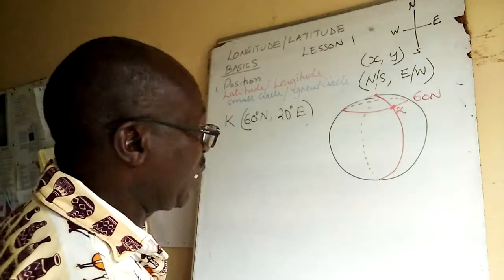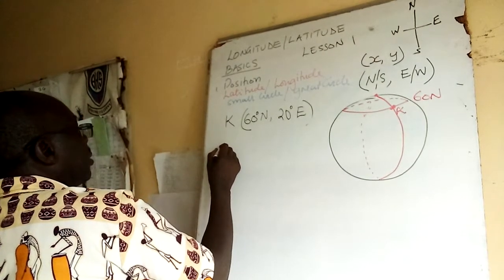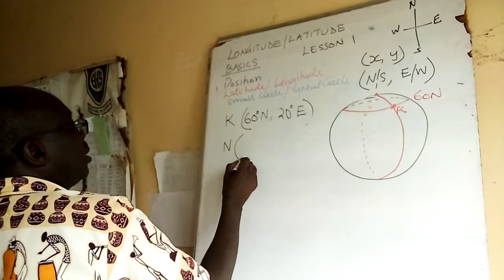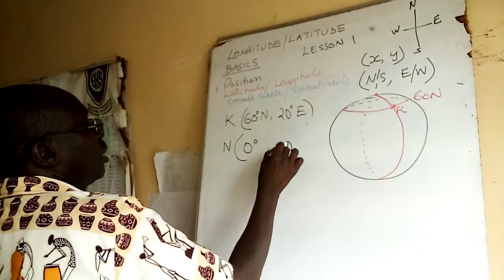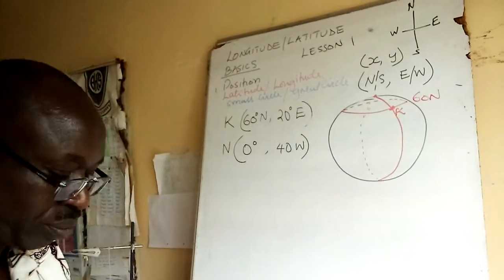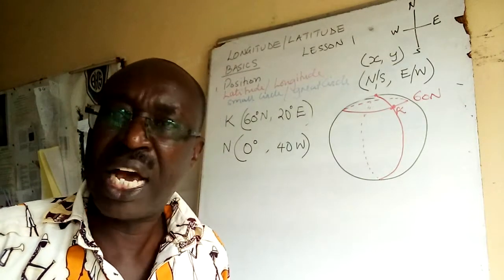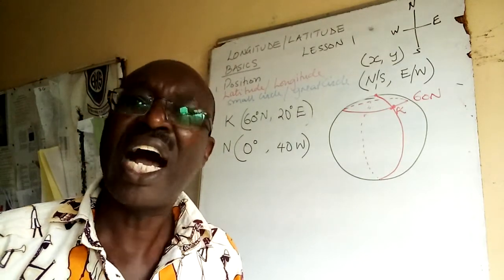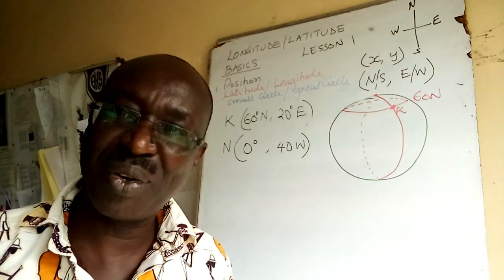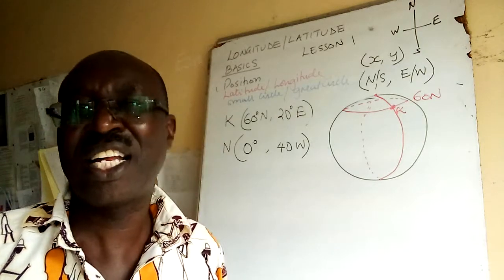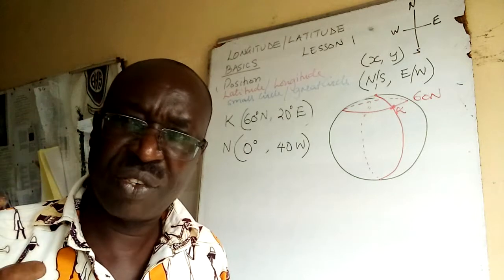Now, let us look at another example. Suppose I give you M at 0 degrees and 40 west. We always start with latitudes, followed by longitudes, just like in coordinates, x coordinate and then y coordinate.